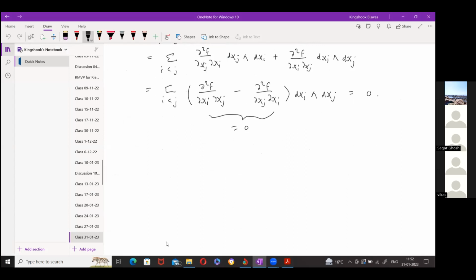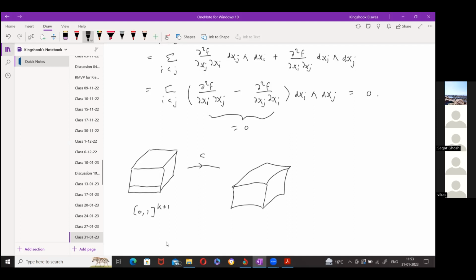So it's enough to prove Stokes' theorem for sigma equal to a k plus 1 cube C. So what I can do is break this up into small k plus 1 cubes.